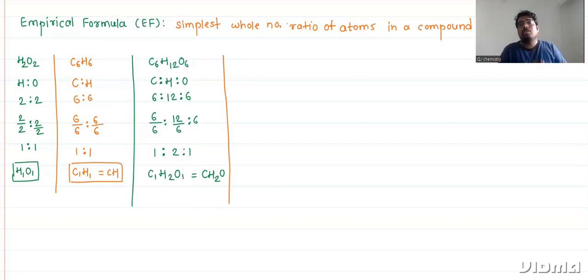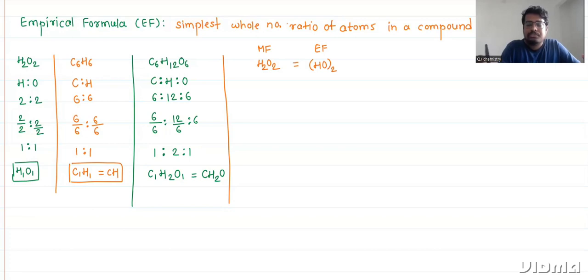In hydrogen peroxide, H2O2 is the molecular formula and its empirical formula is HO. If we multiply this HO by 2, then we will get the molecular formula. So n here is 2.